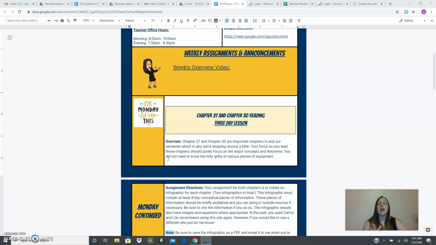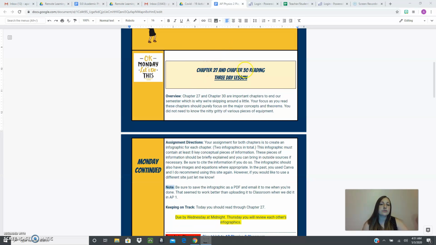So what you're going to do is read those two chapters, and you are going to be making an infographic, one for each chapter. So you will have two total infographics. The directions are right here. I do expect you to have at least 8 key conceptual pieces of information.